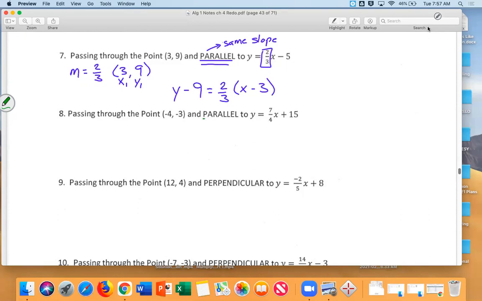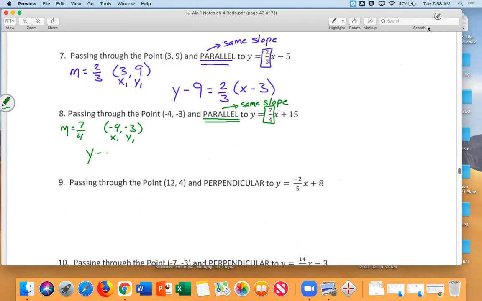Right, again, parallel, same slope. So identify my slope. It's the number next to the x. I'm going to label my points x1, y1, and substitute in.